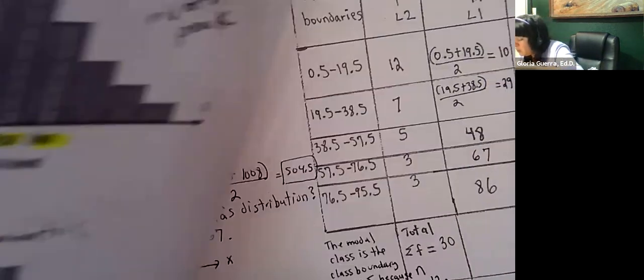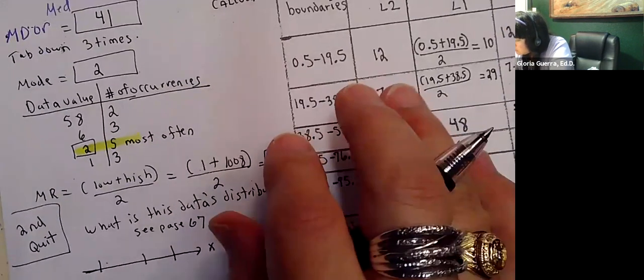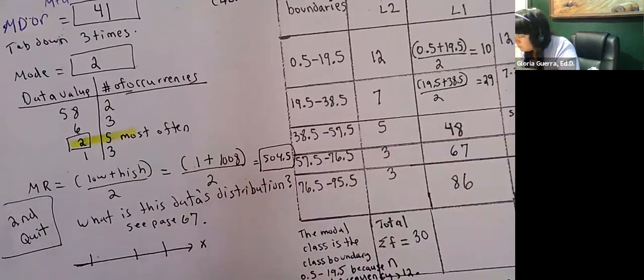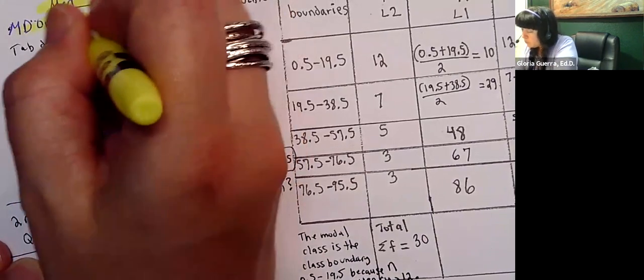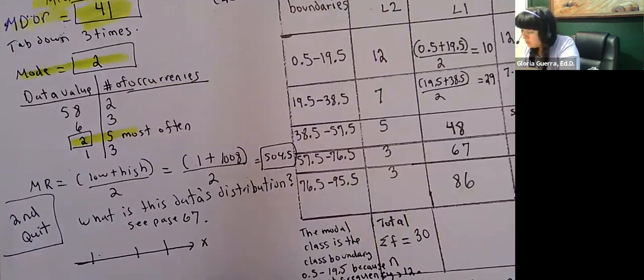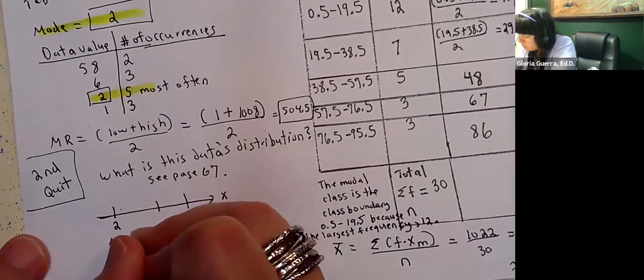Just don't look at the MR, look at the other ones. So the smallest, and I highlighted them, let me see. The smallest is 2, and that's the mode.